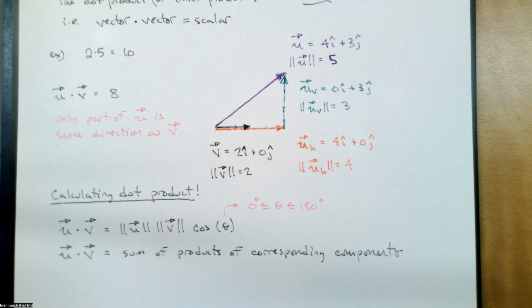We can also calculate U dot V as the sum of the products of the corresponding components.